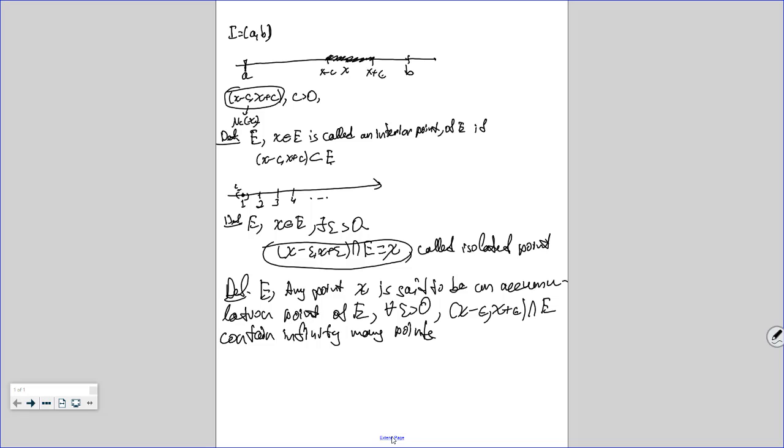In other words, if we are on the real line and the intersection is an interval, then the point is an accumulation point.